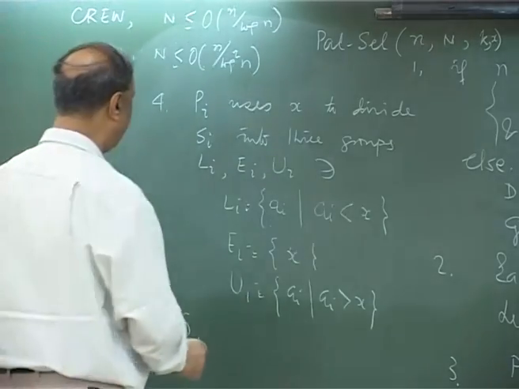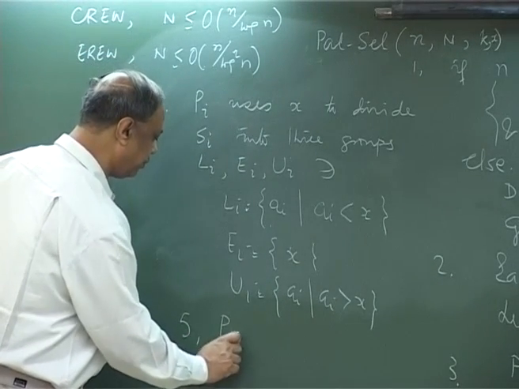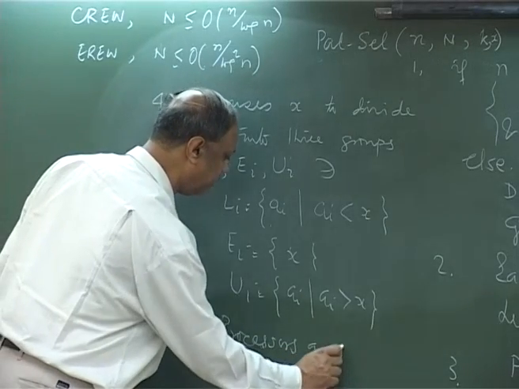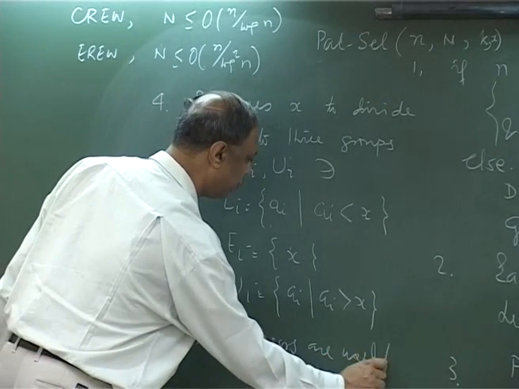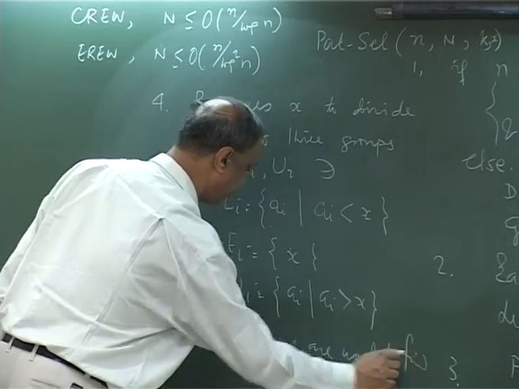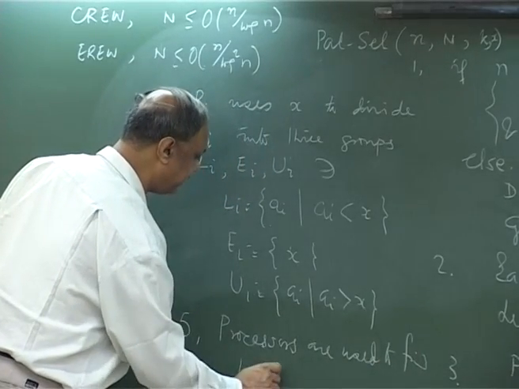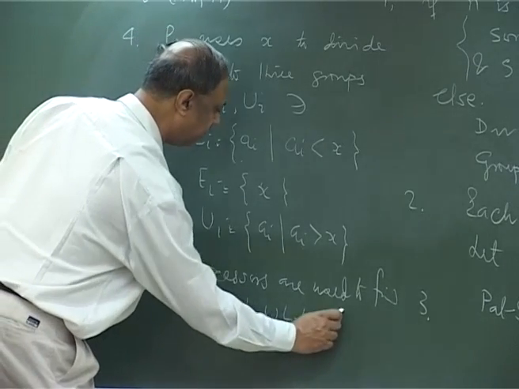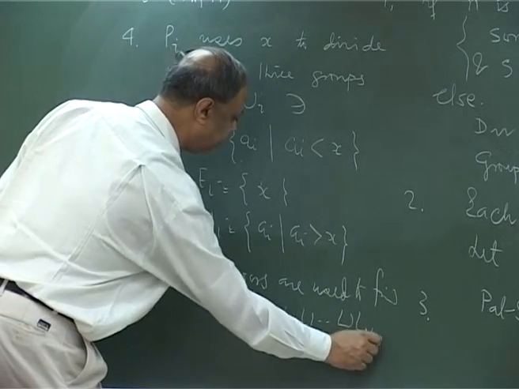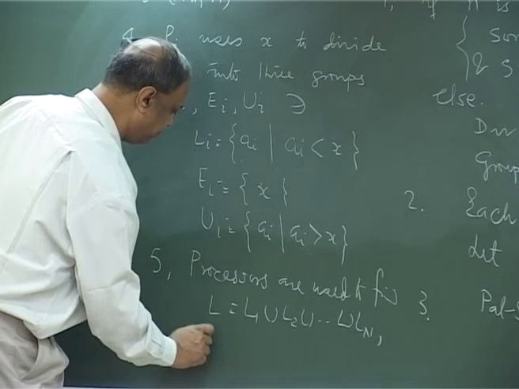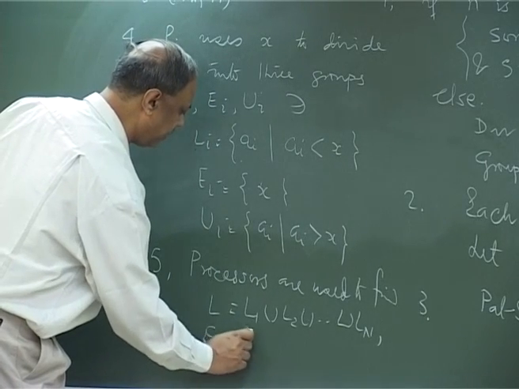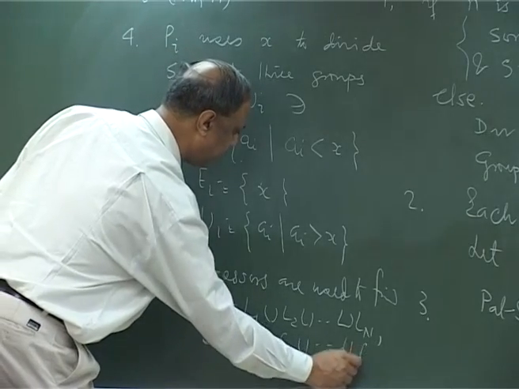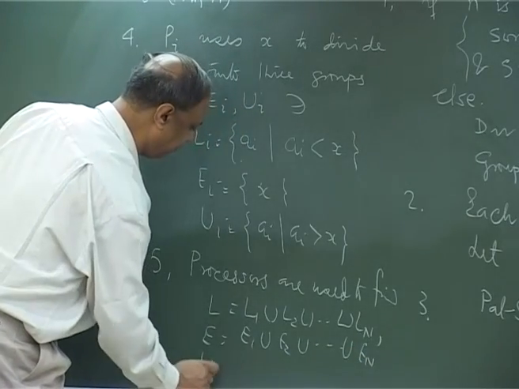So processors are used to find L, where L is nothing but L1 union L2 union up to LN, E, which is E1 union E2 up to EN, and U, which is U1 union U2 up to UN.